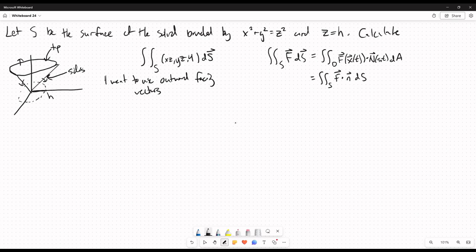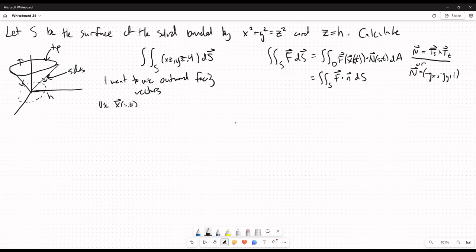There are, of course, a couple of different ways you can represent n. If you have a parameterization, which we'll use in this video, it's going to be given by Ts cross Tt. If you're given a function instead, then n is going to be given by negative gx, negative gy, positive 1. So we're going to use a parameterization. If you remember, our x was s of s comma t.